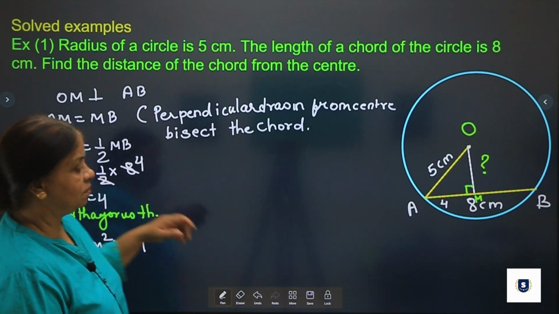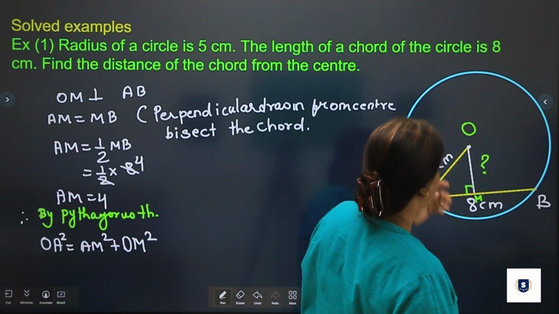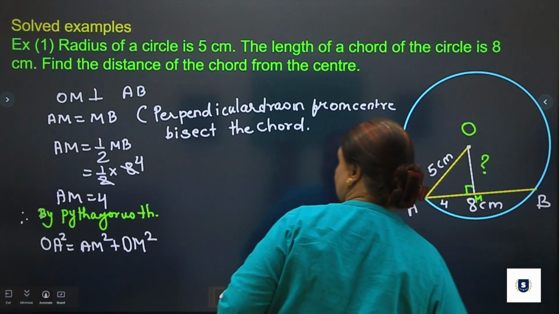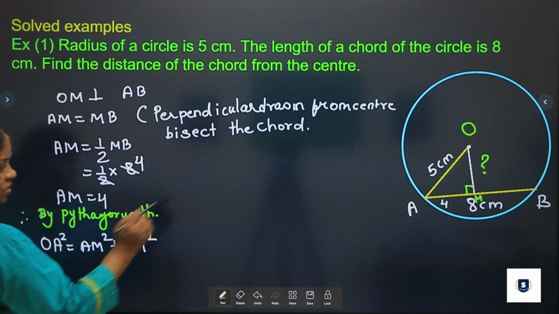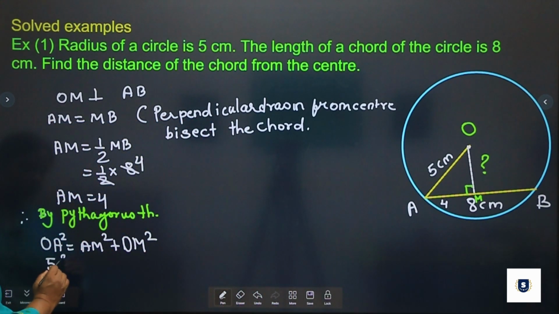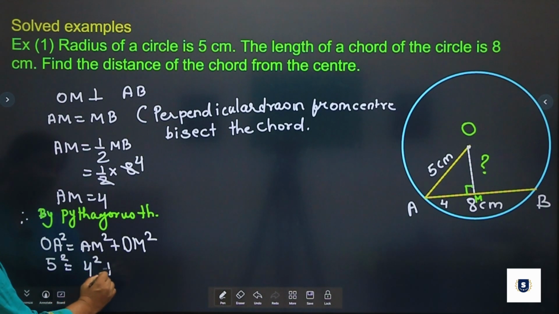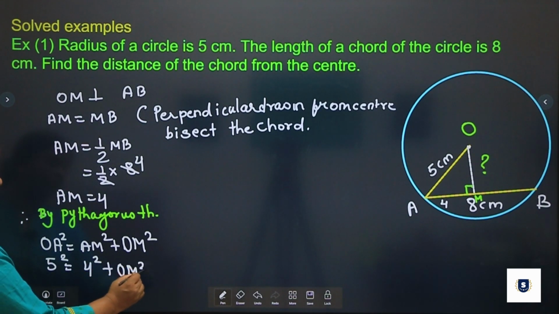Hypotenuse square is equal to this square plus this square. Place the value. OA is how much? 5 square. AM is how much? 4 square plus OM square.